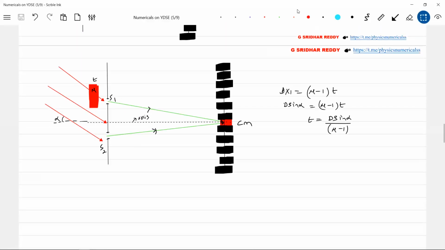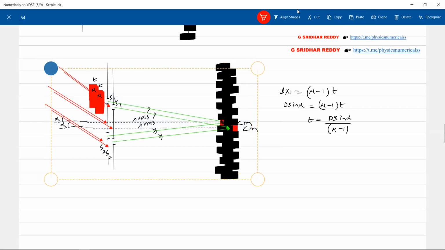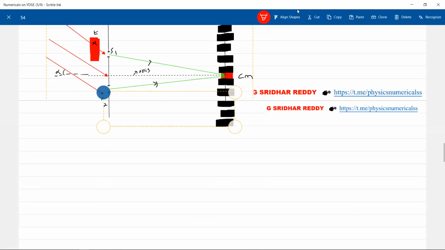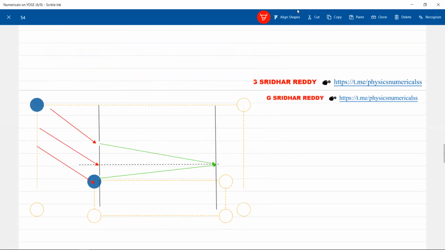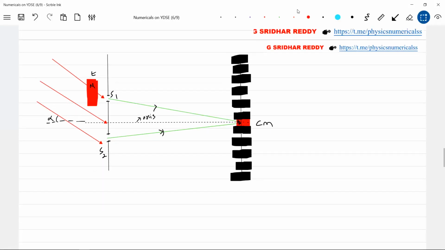In this diagram we can have everything. Let me fill up a liquid.